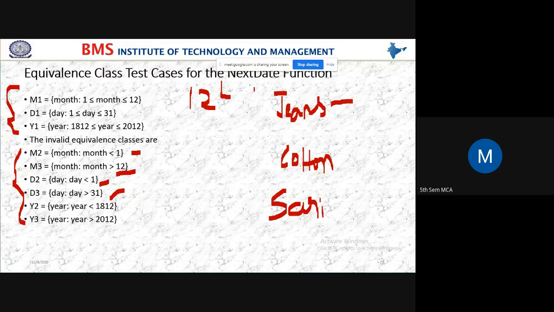Levi's, one section; John Player, one section. Jeans only. So based on the brand also they can do the partition. They may do the subsection. So doing subsection is very much important.